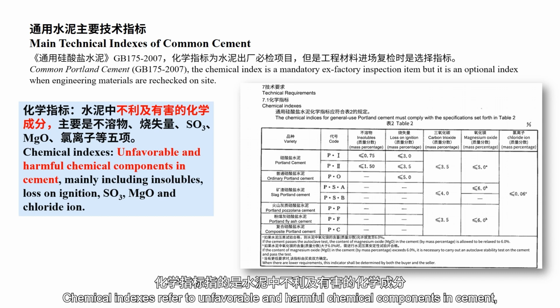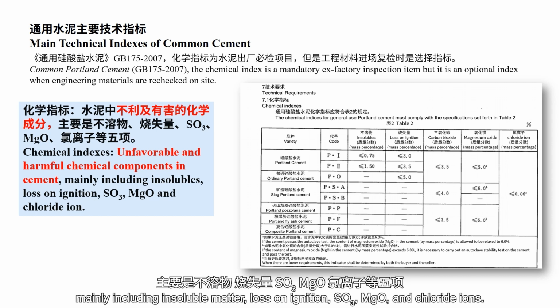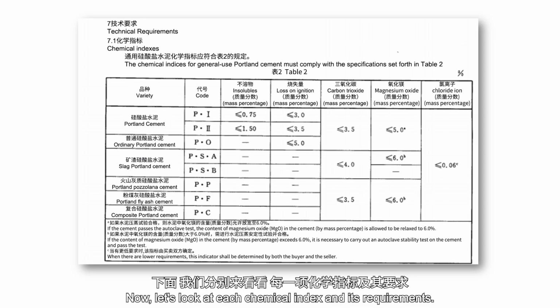Chemical indexes refer to unfavorable and harmful chemical components in cement, mainly including insoluble matter, loss on ignition, SO3, MgO, and chloride ions. Now, let's look at each chemical index and its requirements.